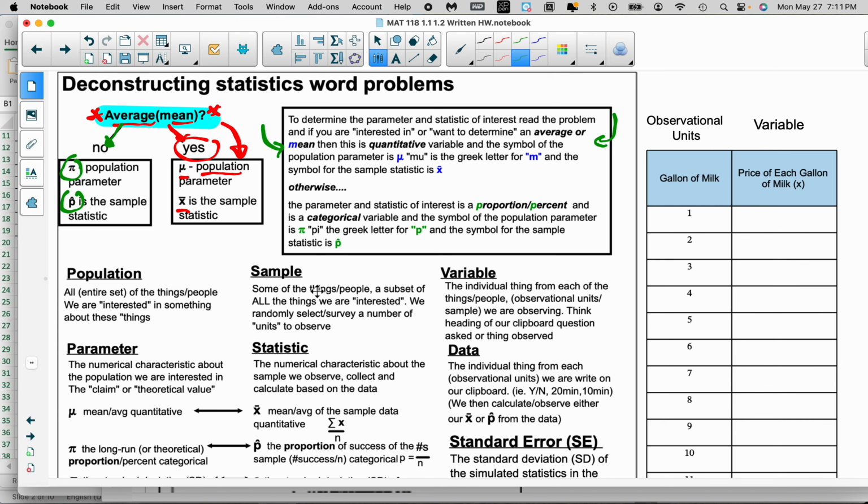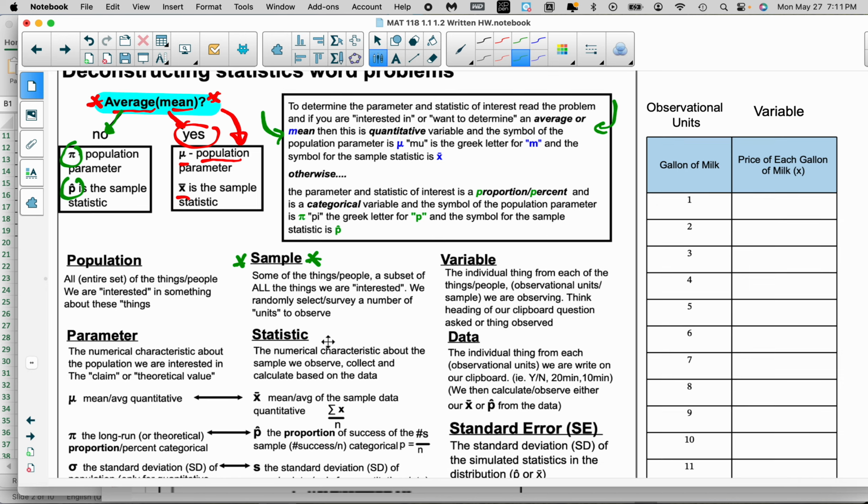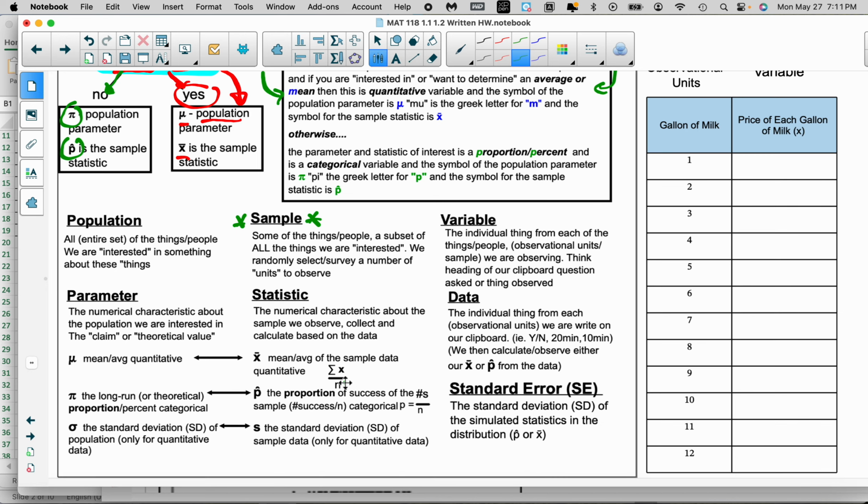The other thing that I want to point out from this, a lot of times when I'm looking at a word problem, I start with the sample. It's sometimes easier when we're reading a problem to identify what did we sample. Maybe it says we selected something randomly. A lot of times it's easier to distinguish what was our sample size, and then we can work back from there.